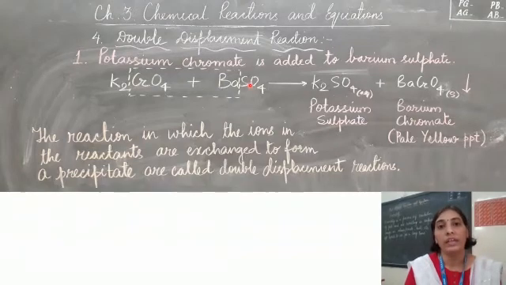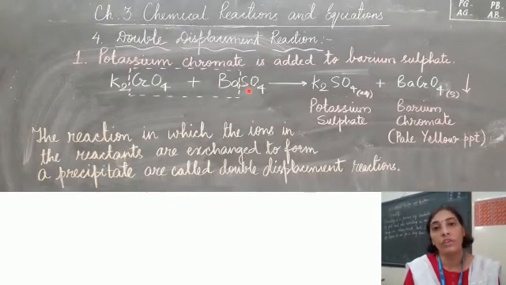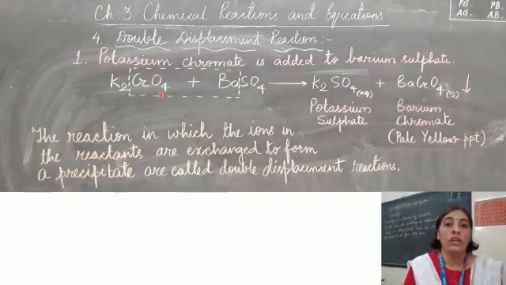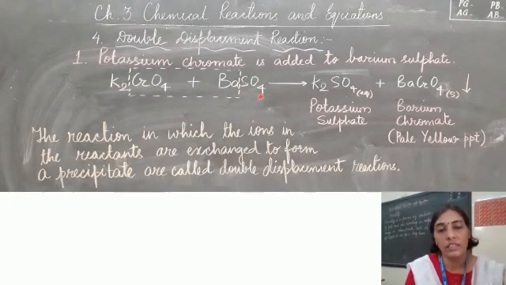And when they break, there is rearrangement of ions. And this rearrangement of ions results in the formation of new products. The new products are K2SO4, that is potassium sulfate, and BaCrO4, that is barium chromate. Another important thing, both these are in aqueous forms. It's not written here, but both these reactants we have taken in their aqueous states.